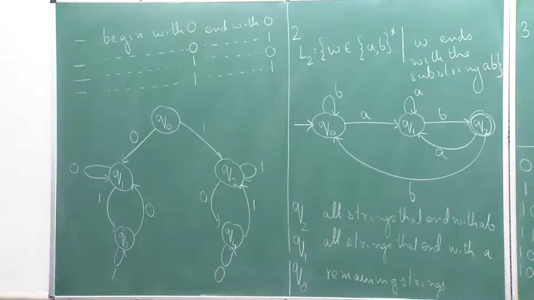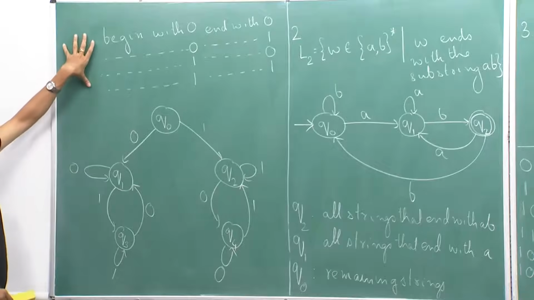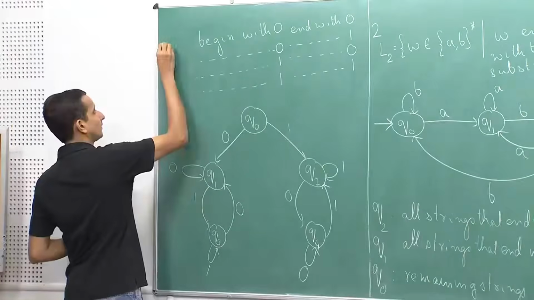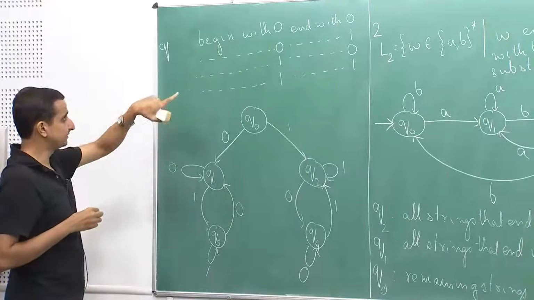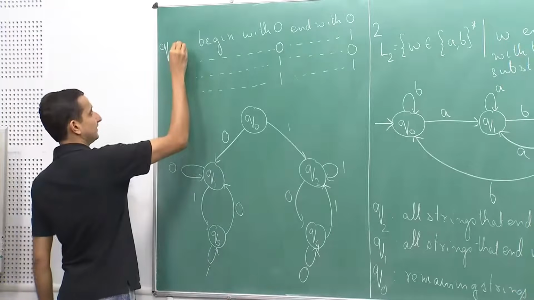Okay. So, now I can say the following, that these 4 classes of strings that we have correspond to the following states. Strings that begin with a 0 and end with a 0 correspond to the state Q1.